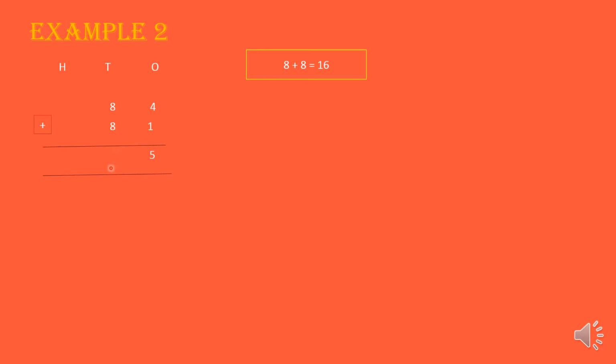So can I write 16 here? No, it's not possible. We can't write two digits at one place. So 16. But where I have to write 6, where I have to write 1? I want to say always right side digit will be under tens column.